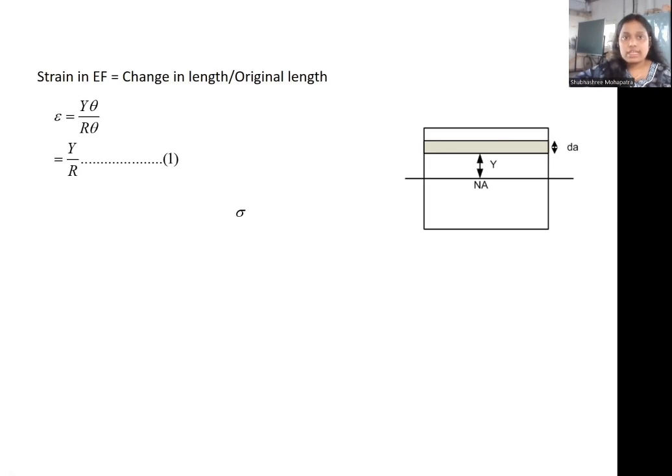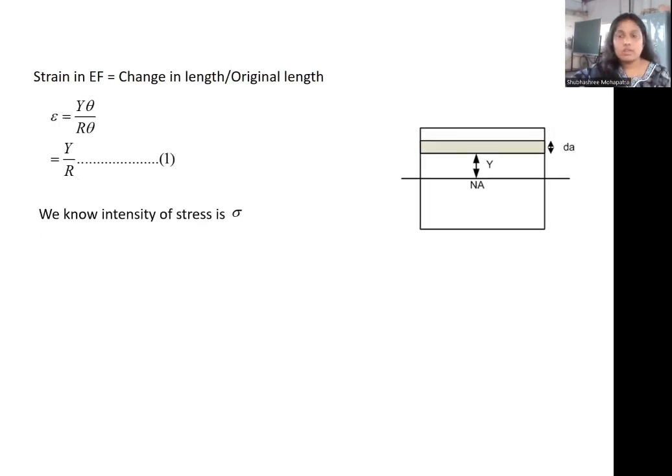The strain in EF is equal to the change in length divided by the original length. The change in length we calculated in the previous slide is Y theta, and the original length is EF, equal to R theta. By cancelling theta we get Y by R. From Hooke's law, we know that Young's modulus is equal to stress by strain.